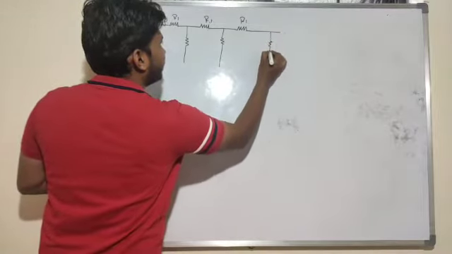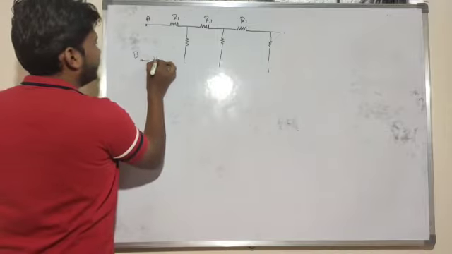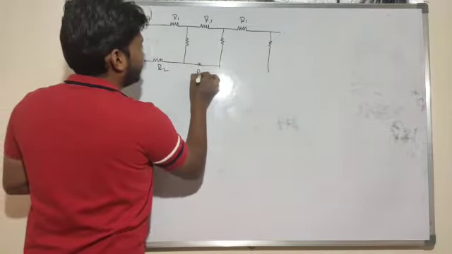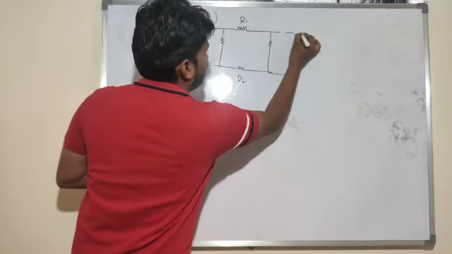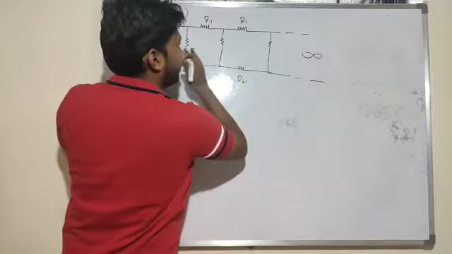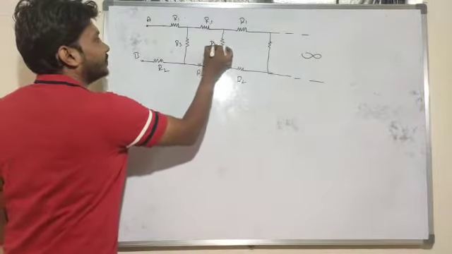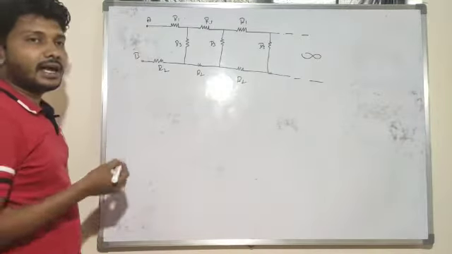For example, here one resistance, and this one is point B here. I will name this one as R2, this one as R2, this one as R2, like that. So it is in an infinite way. So this one is R3 and R3. Then what is the effective resistance between A and B here?